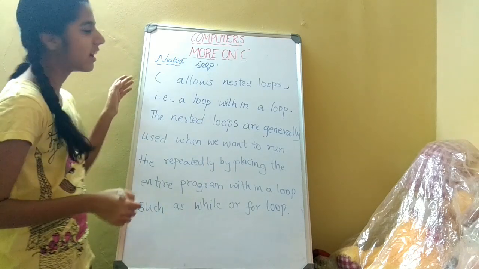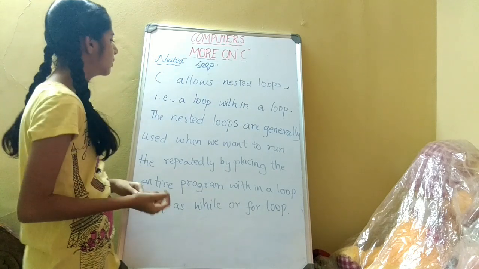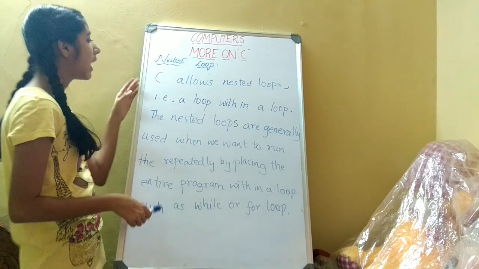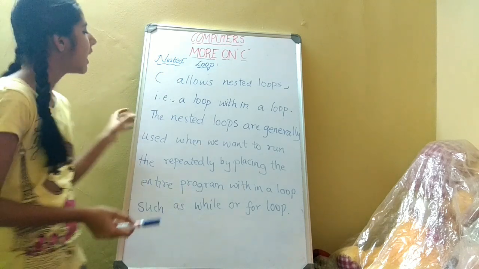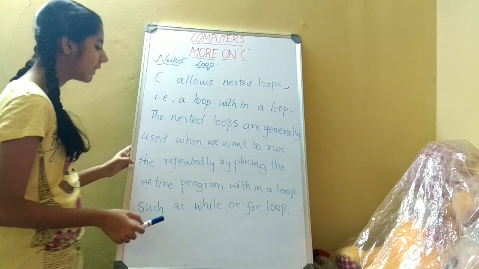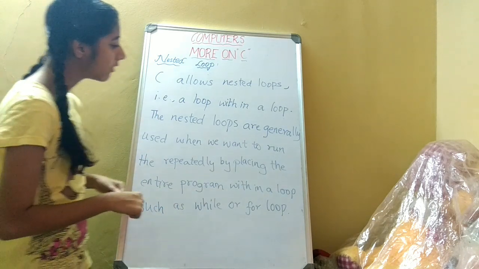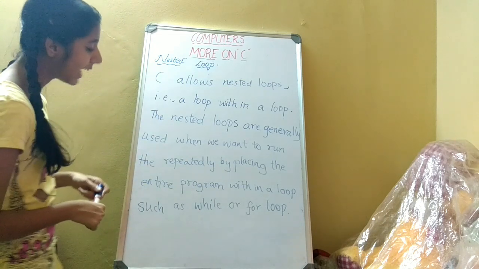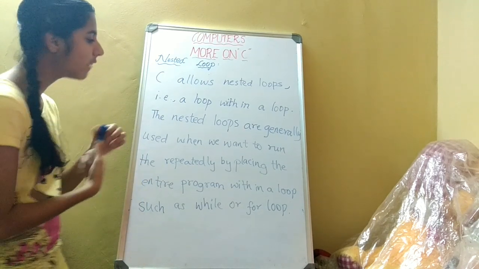Nested loops. This is a small part. C allows nested loops, that is, a loop within a loop. Nested loops are generally used when we want to run a program repeatedly by placing the entire program within a loop, such as a while or for loop.